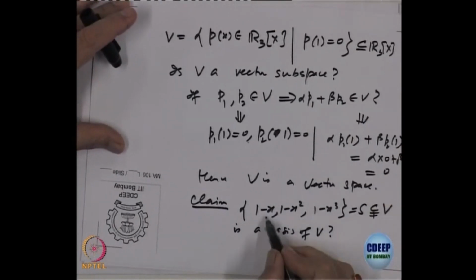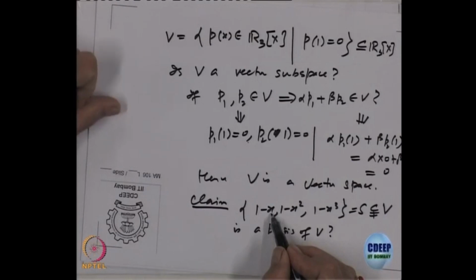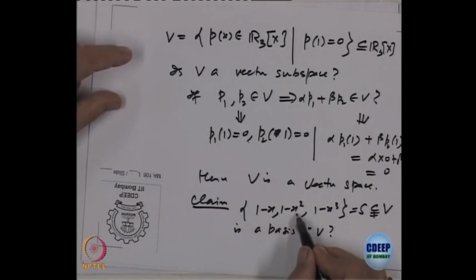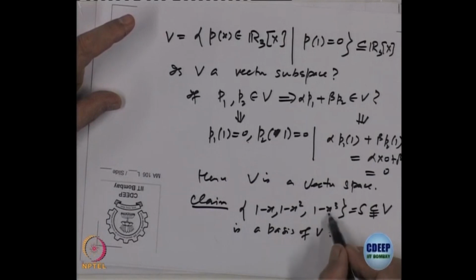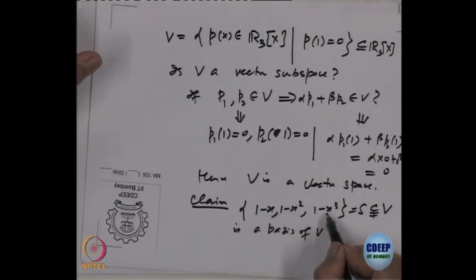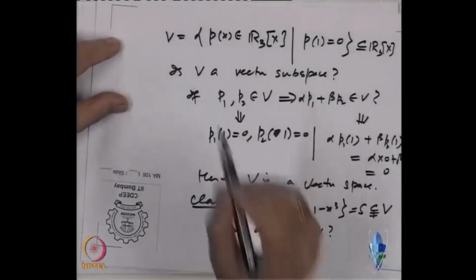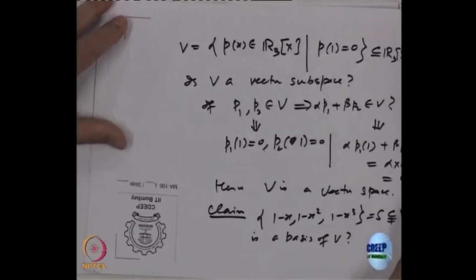So, let us look at this, if I put x is equal to 1, this is 0. So, p_1(1) is 0, p_2(1) that is 0, p_3(1) that also is equal to 0. So, these 3 polynomials are in V. So, that is not a problem. So, it is a subset.